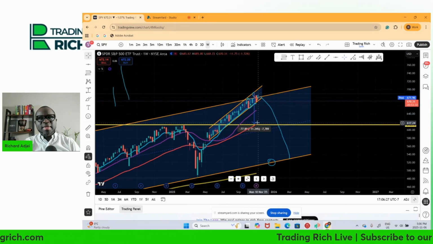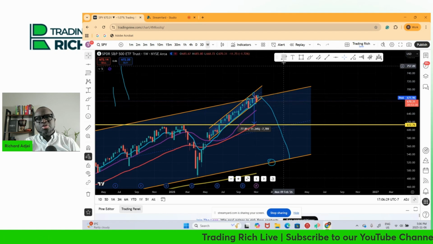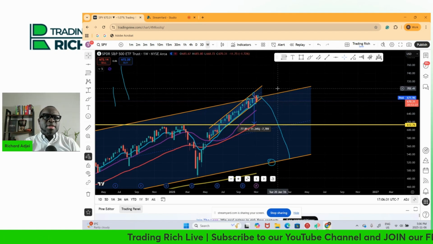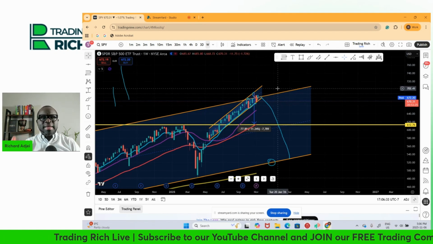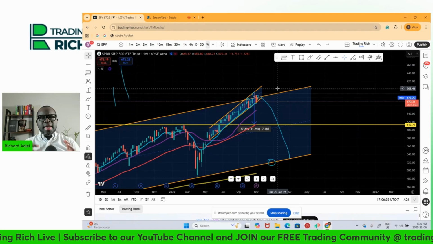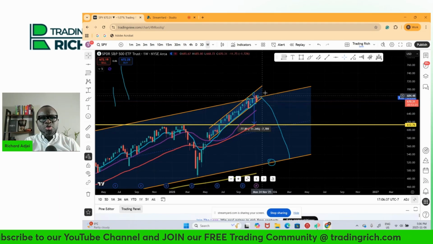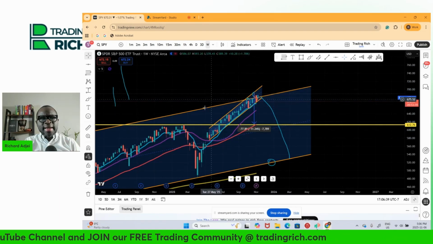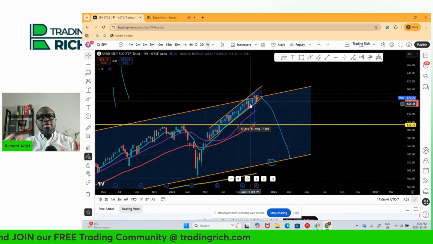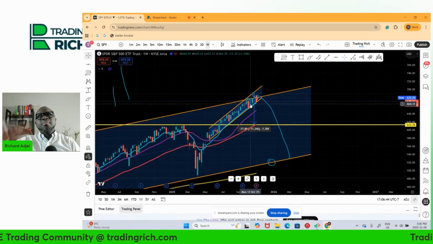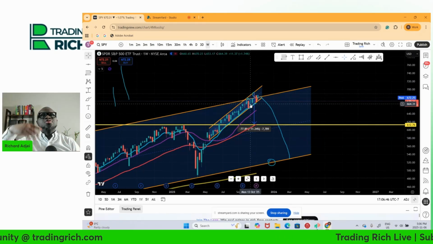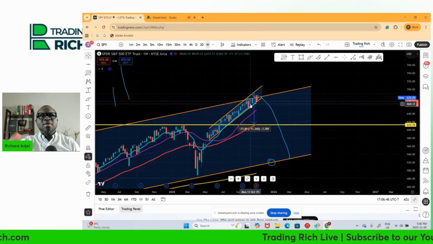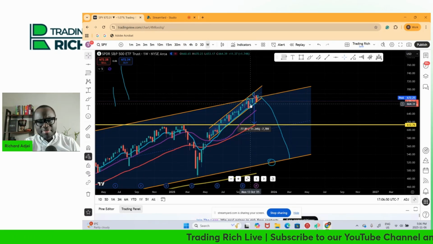That's the place where I think we are going to get the bounce and go up to the end of the year. So for now, my thinking is that if the market is able to hold this tiny parallel channel, then we can bounce there and push up to 700 on the SPY, or 7,000 on the S&P 500.